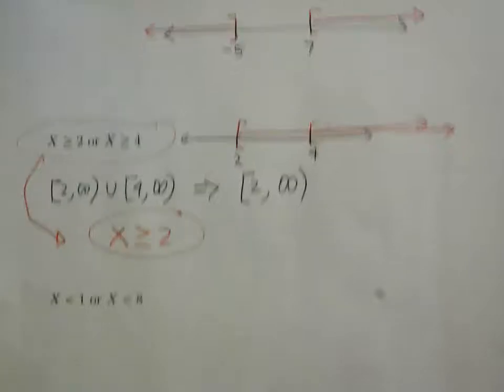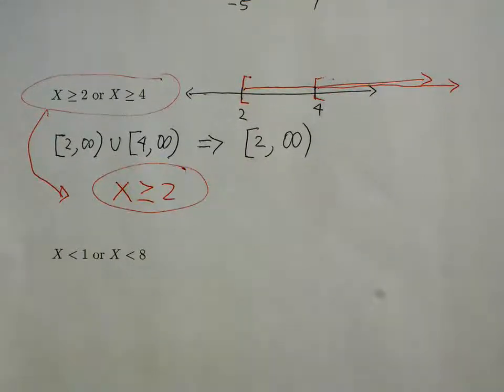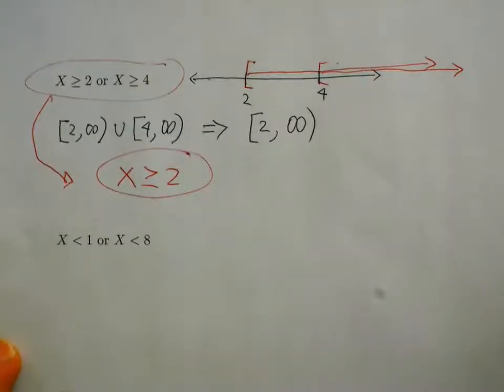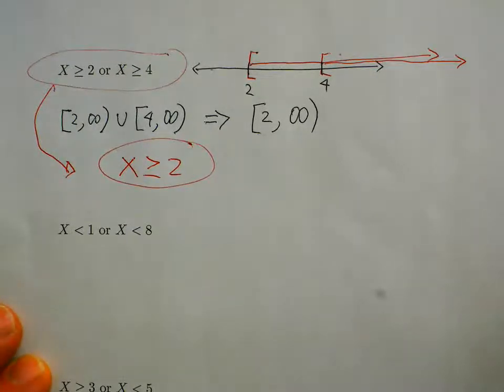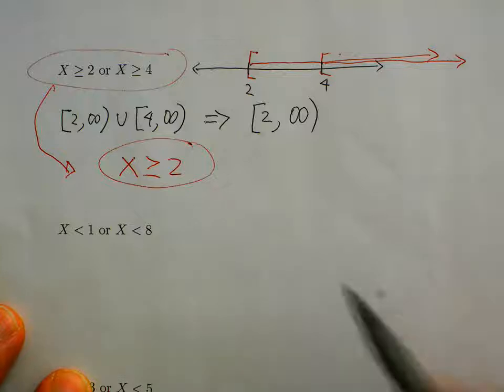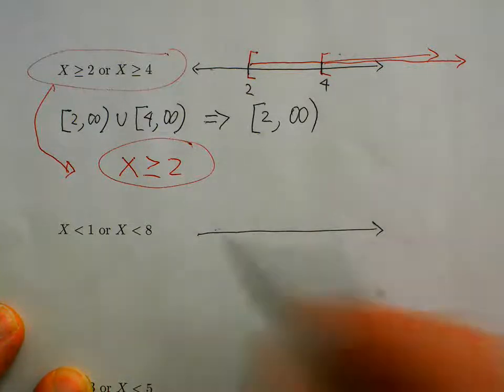Okay, the next one, x is less than 1 or x is less than 8. So what's going to happen this time? Hey, it's okay to draw a graph. That helps.